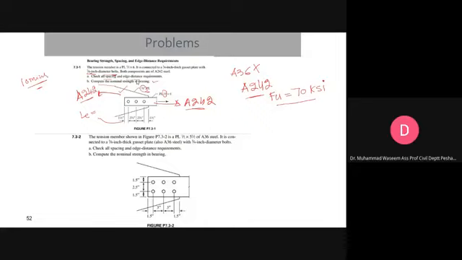What is the minimum spacing you have calculated? What is the value of minimum spacing?